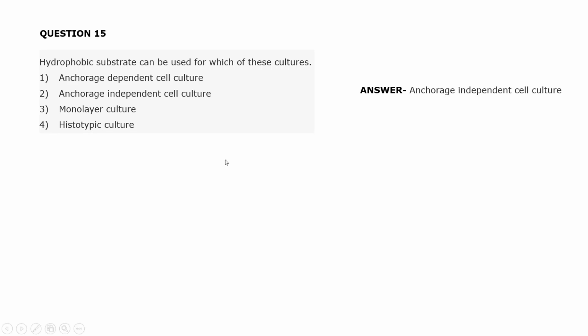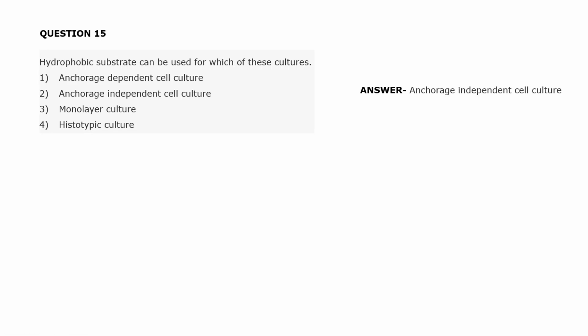The interactions taking place between the anchorage dependent cell and the extracellular matrix are protein-protein interactions, which are mostly hydrophilic, not hydrophobic. So if you provide a hydrophobic environment to an anchorage dependent cell culture, it won't attach to that surface.